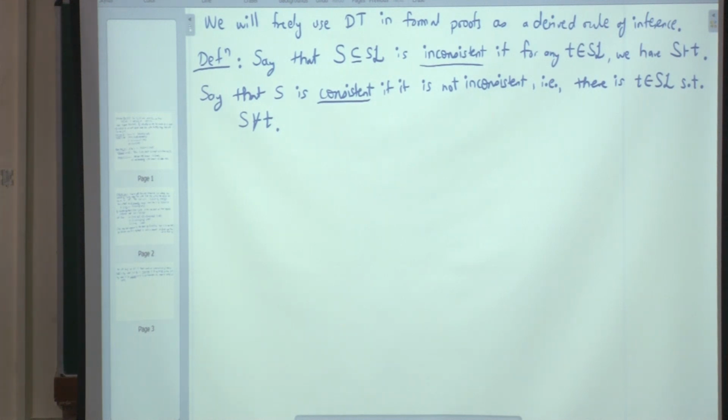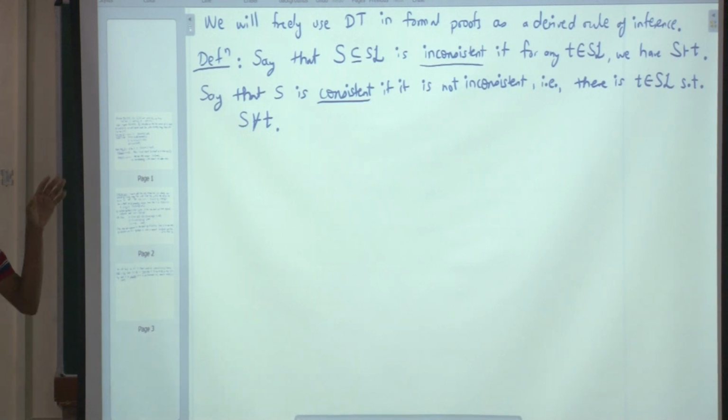Okay, so we would like to know some examples of an inconsistent theory or a consistent theory. Can you give me one example of an inconsistent theory? P and negation P, where P is a propositional variable, or in general S and negation S, where S is any formula.